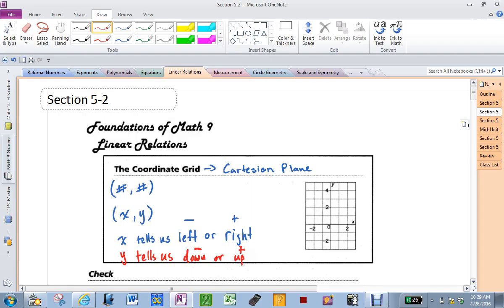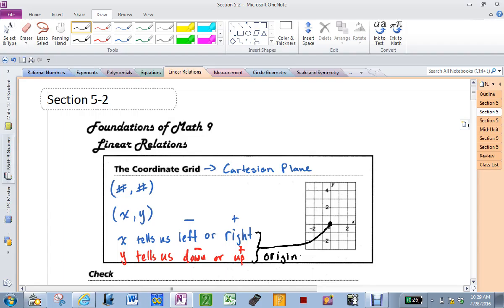And both of those are counted from that point right there, which is called the origin, because it's where we start counting from. Is everybody cool?